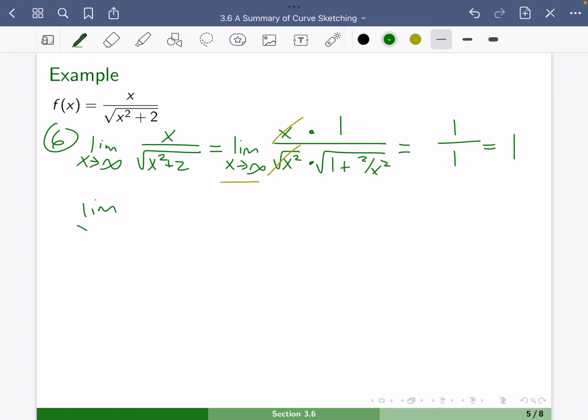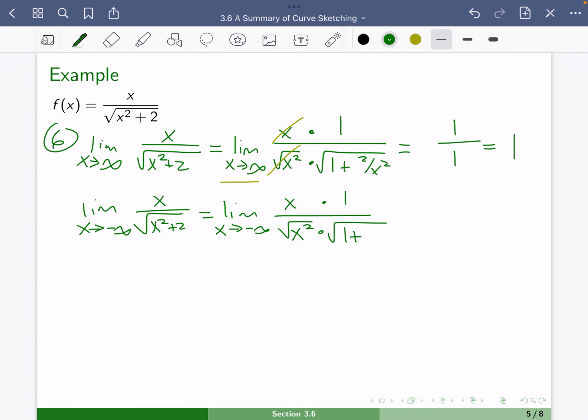Now, if we were to take a look at the limit as x approaches negative infinity, it feels like this work is going to be identical, except something that I glossed over above. When we take the square root of x squared, it is x provided the x value is positive. But if the x value is negative, when you take the square root of x squared, you have the negative of that negative value.